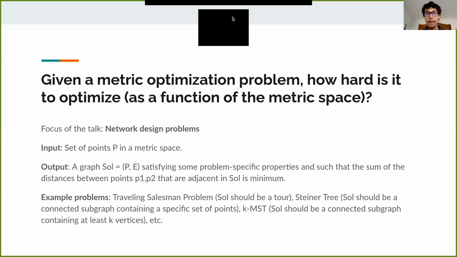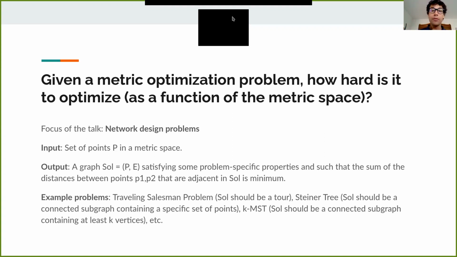And the goal is that this graph that you output satisfies some property. And the objective is to minimize the length of the graph, where the length of the graph is given by the distance between the endpoints of the edges of the graph.